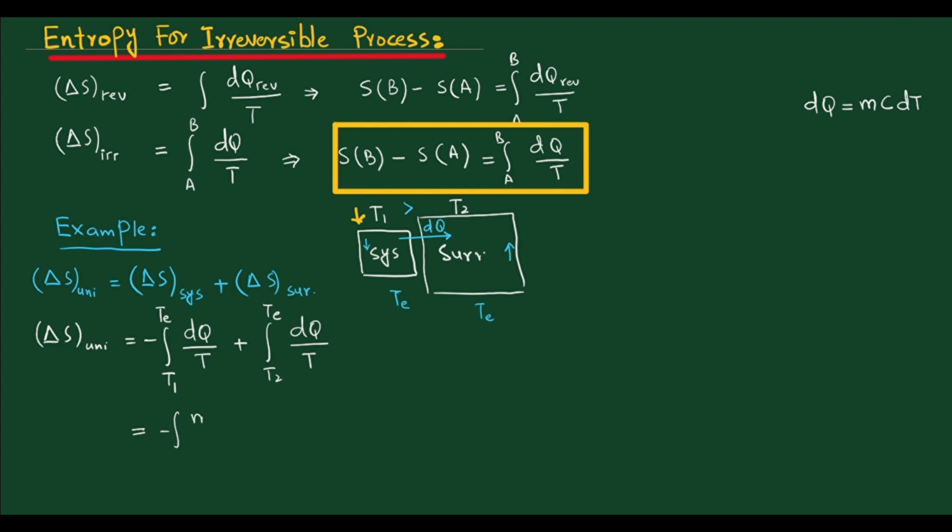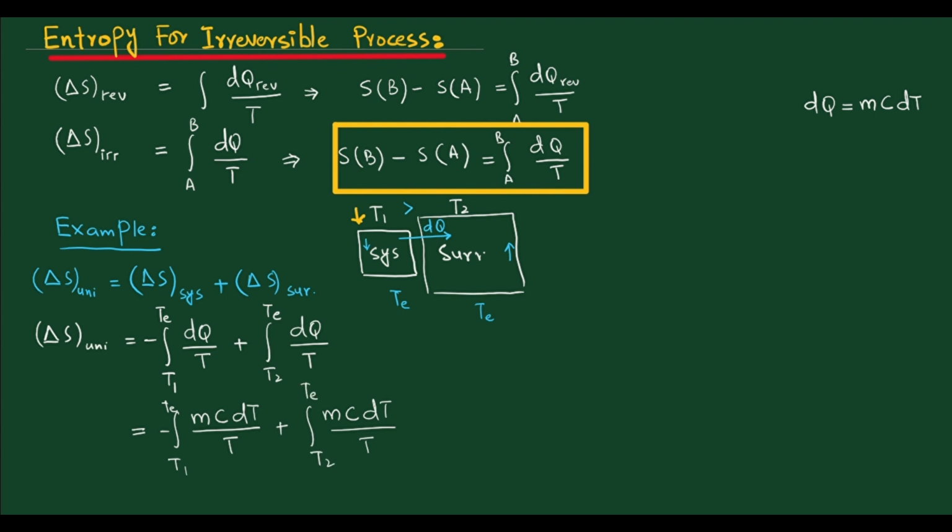So dq is equal to mc dT over capital T, with limits from T1 to Te, plus the integral of mc dT over capital T from T2 to Te, where the mass is the same for both system and surrounding.